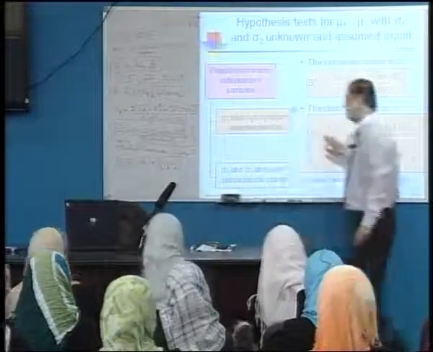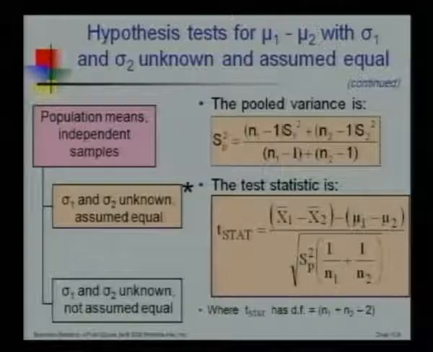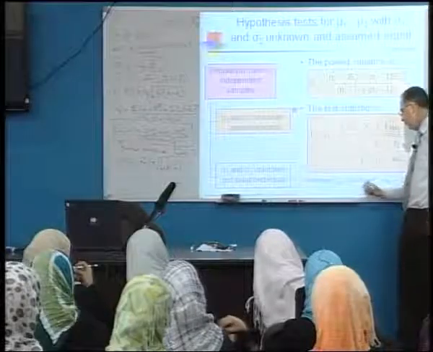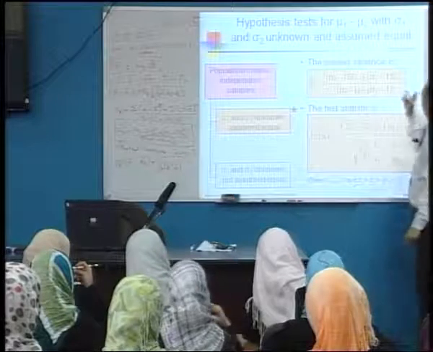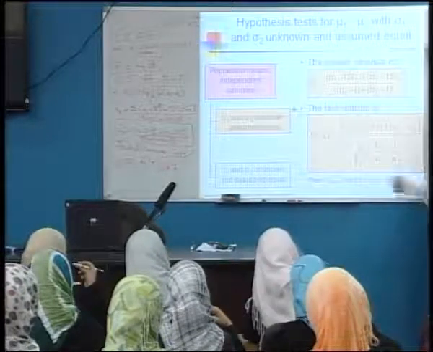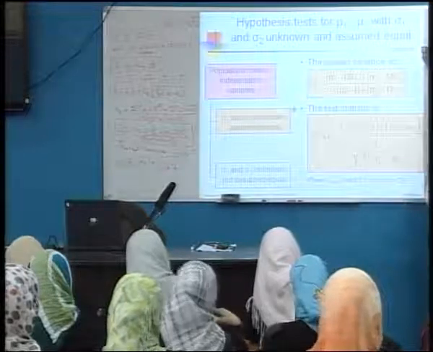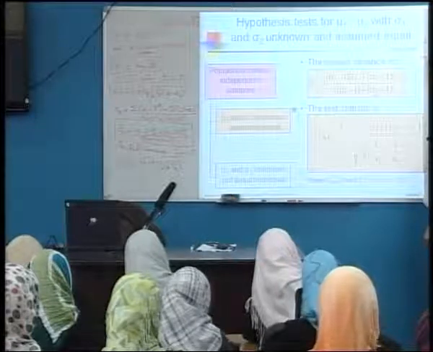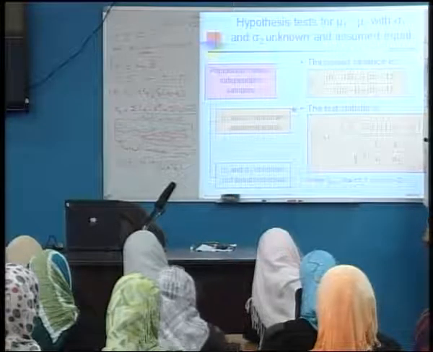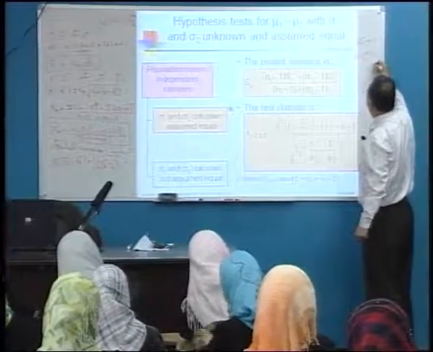By the way, this statistic has a t-distribution with degrees of freedom equal to n1 plus n2 minus 2. Because for one population, when we have one sample, your degrees of freedom is n minus 1. If we have two populations and we selected two random samples, your degrees of freedom is n1 minus 1 plus n2 minus 1.